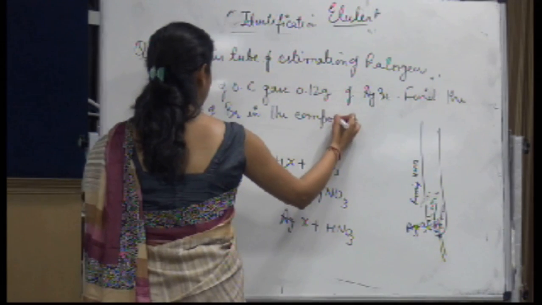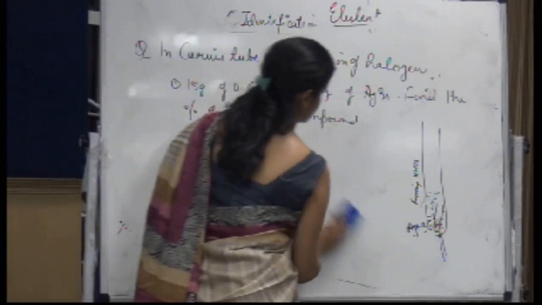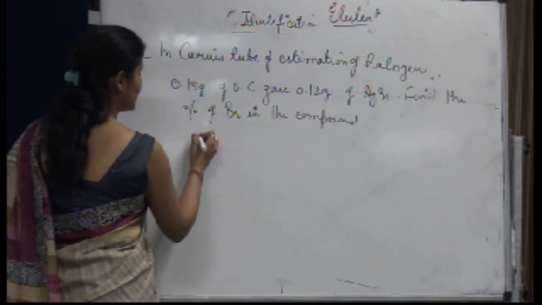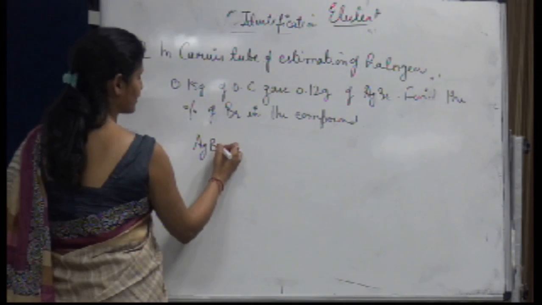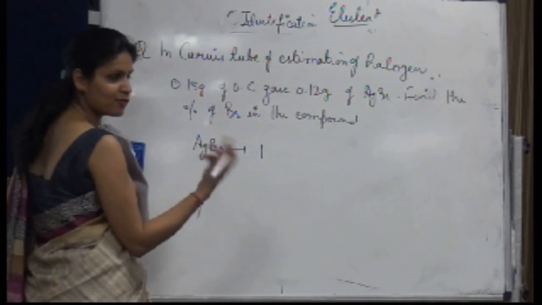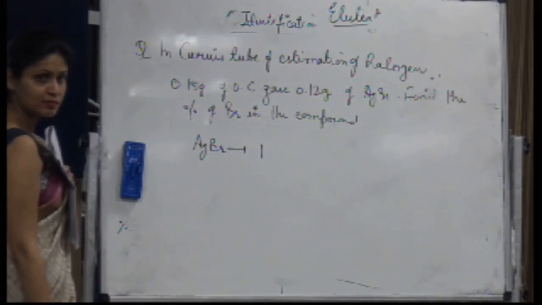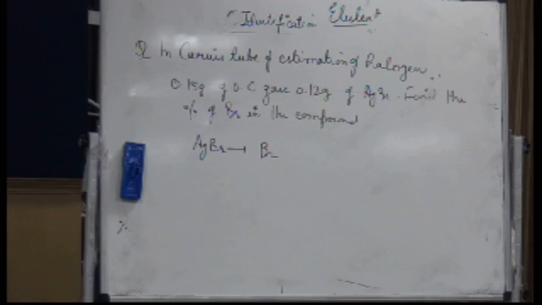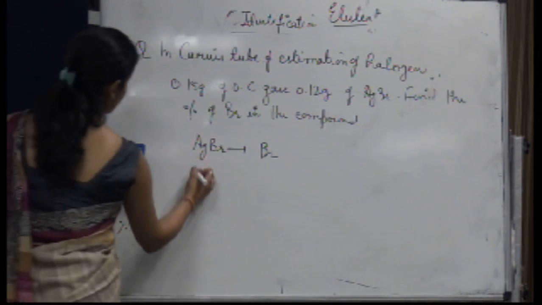This is simple, right? Because I know that if I am getting AgBr, it would be formed by only 1 mole of bromine. That means what is the molar mass of AgBr? Silver bromide. It is 188.